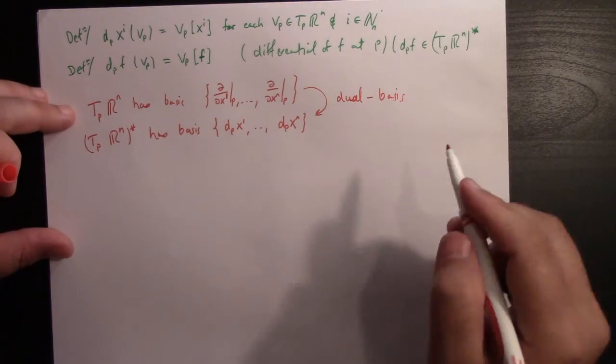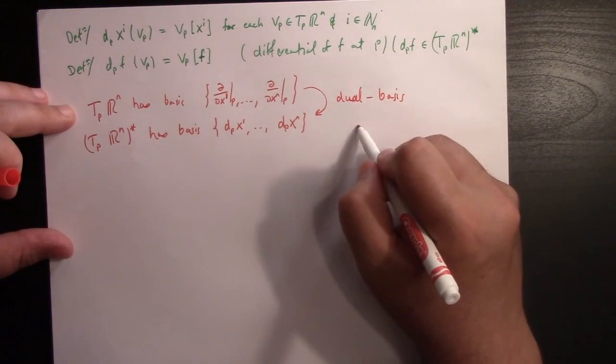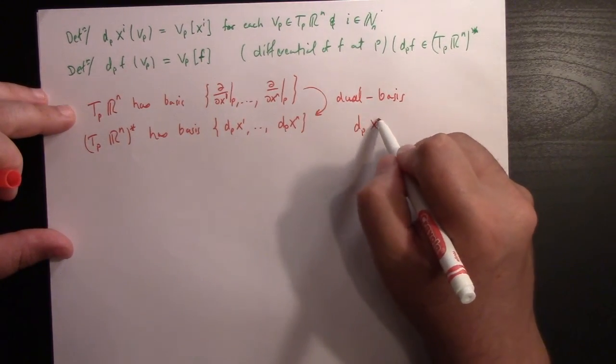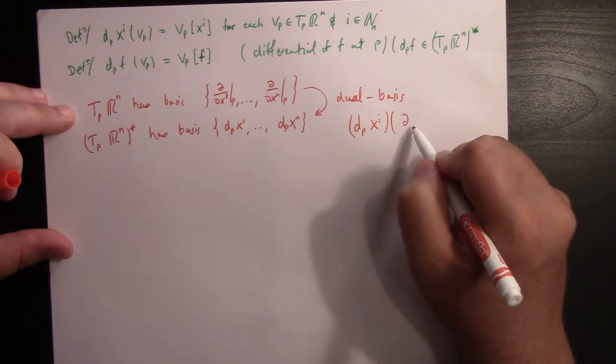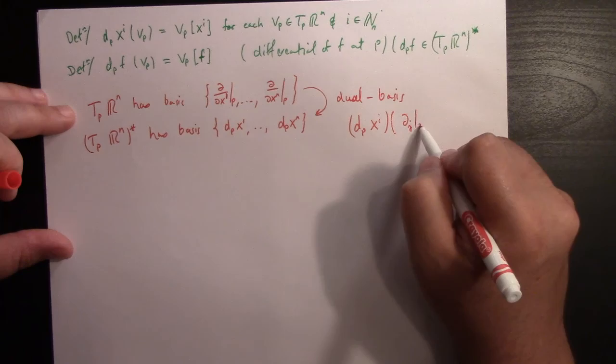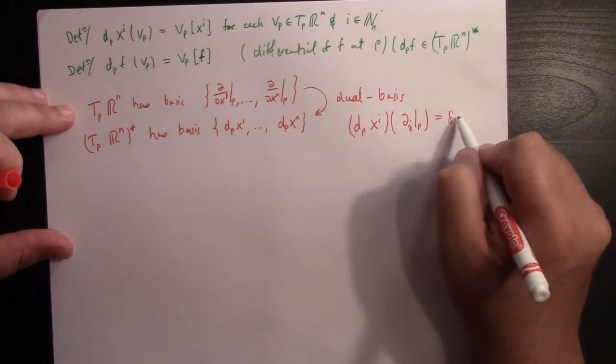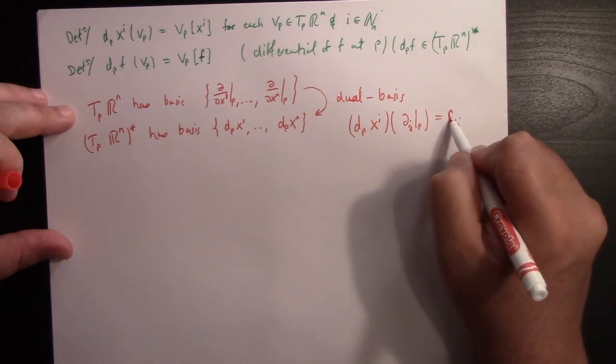All right, so you have this intertwining relation: dpxi acting on partial j at p is just the Kronecker delta ij, so they're dual.